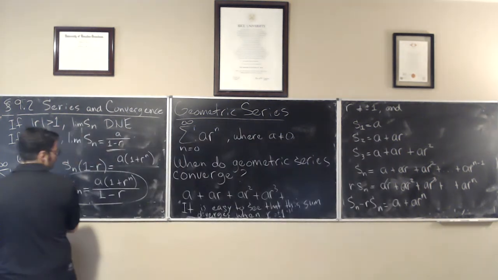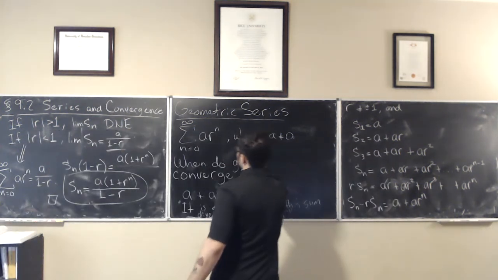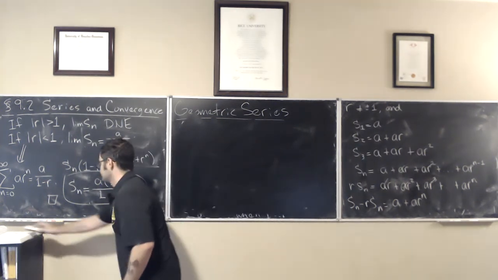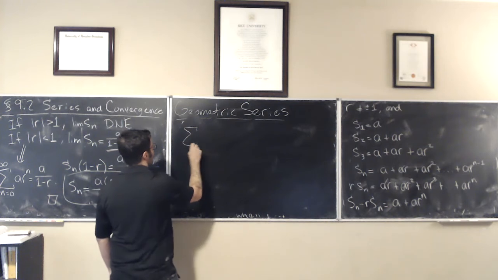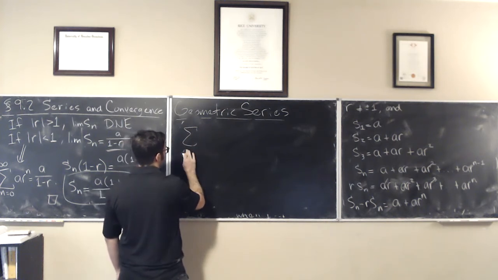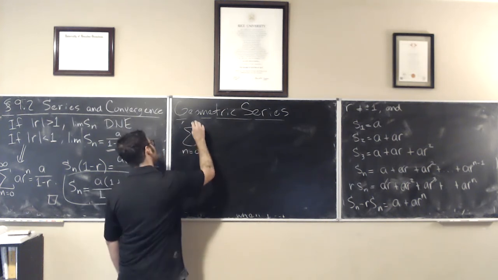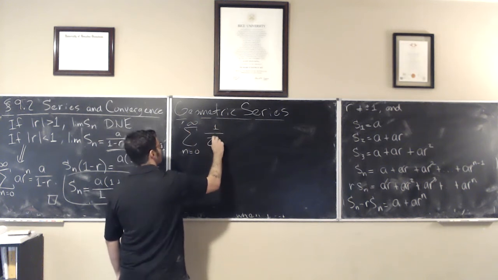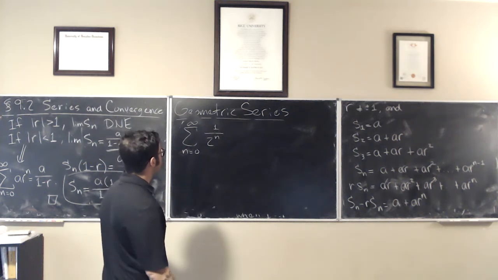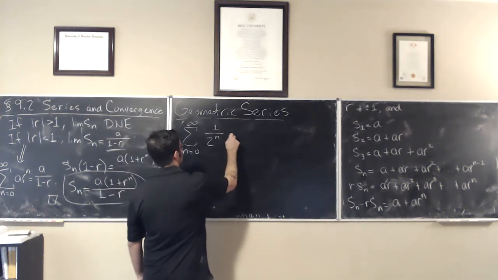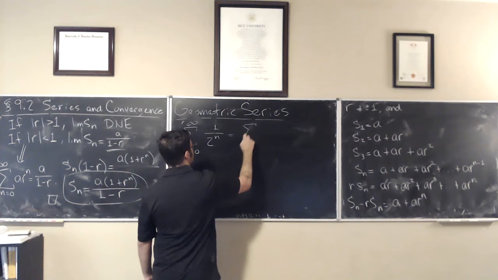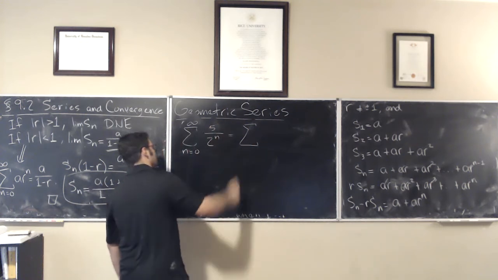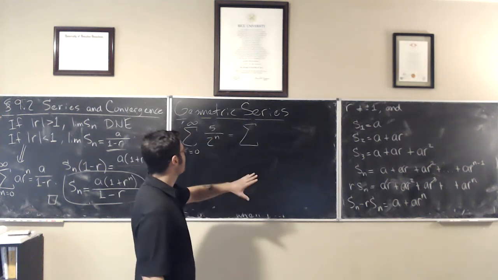So, for example, the problem that we did earlier, 1 over 2 to the power n. That's a geometric series. Why? Let's make it a little bit different. What about like 5 or something? That's geometric. Why?